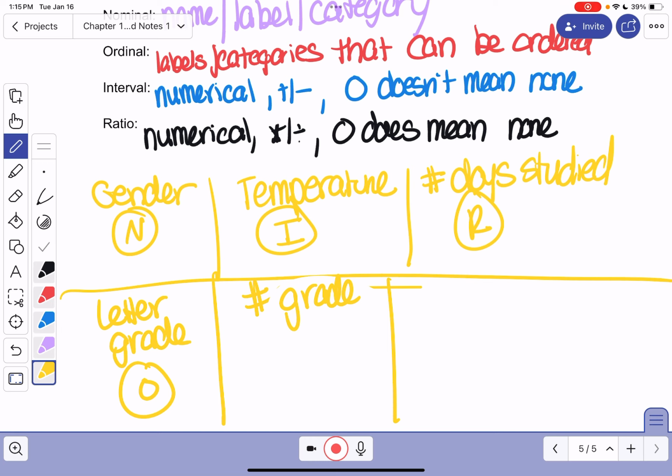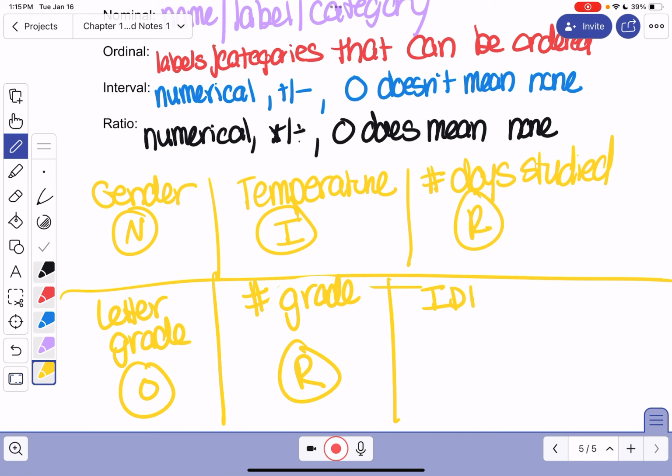Now, you can't have negative number grades, so your number grade is actually going to be a ratio. We're skipping interval. 0 means none. 0 means you did no work or you got no work correct. So we're going to call that a ratio.